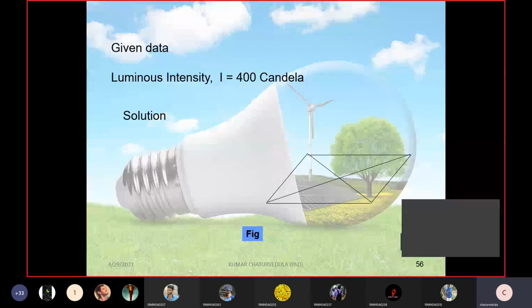I have taken a room here in this fashion, and I believe the lamp is placed at a height of 5 meters. I have taken the four corners of the room as A, B, C, D, and 10 into 5 into 4 is the measurement. This is the 10-meter length, this is the 5 meter, and this is the 4-meter height.